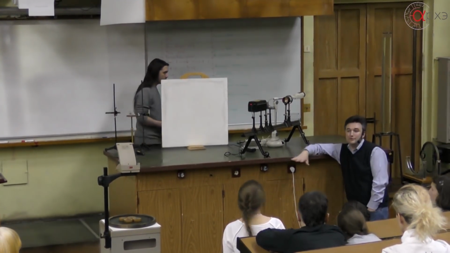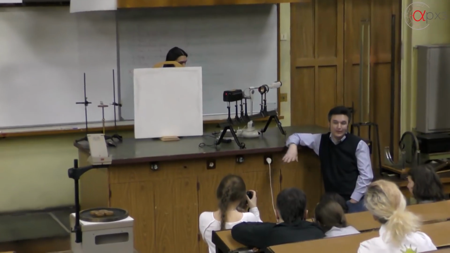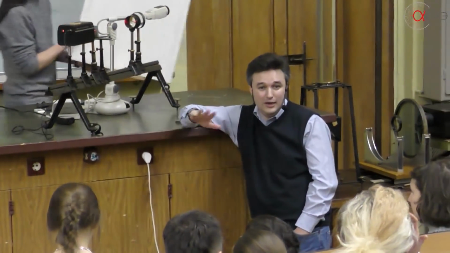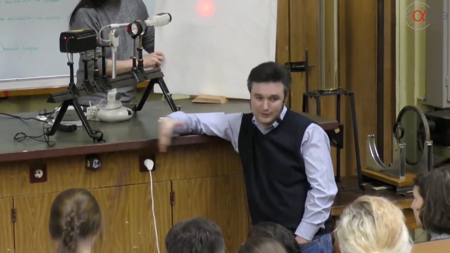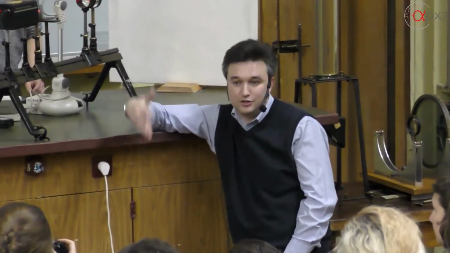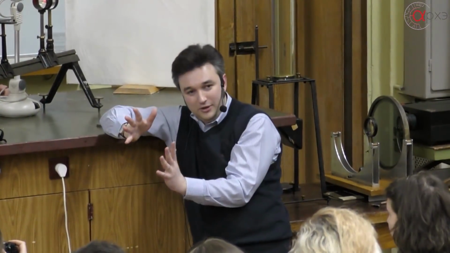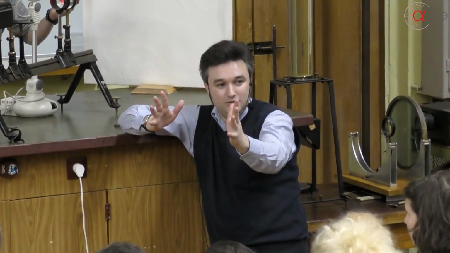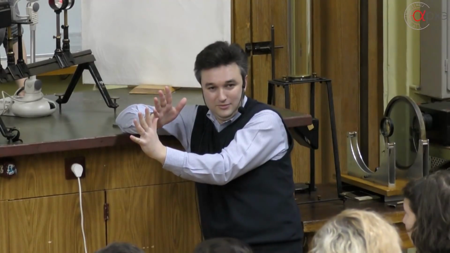You may have never done optics. You may never do optics in your life, but you certainly have seen shadows. So if you block light, you will see a nice shadow of the object that is blocking light. And there's a sharp boundary separating the illuminated region from the shaded region.